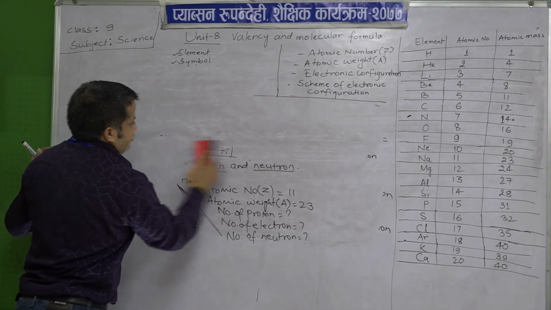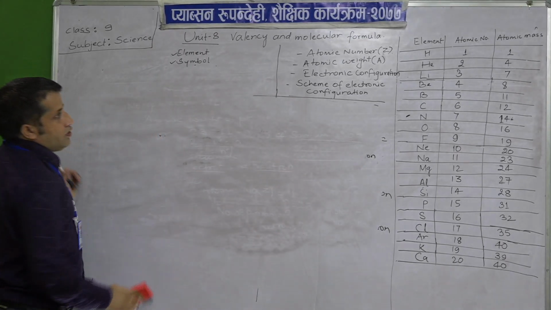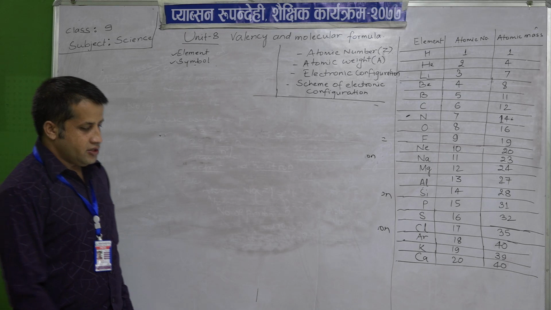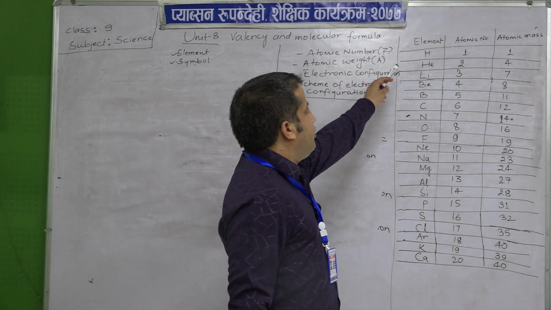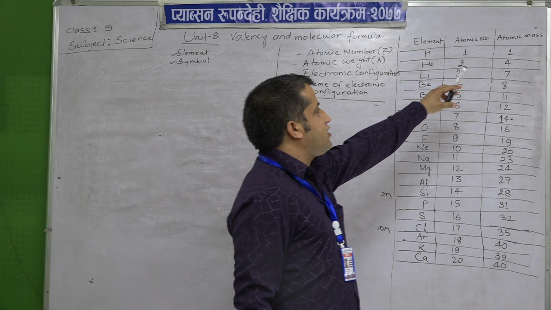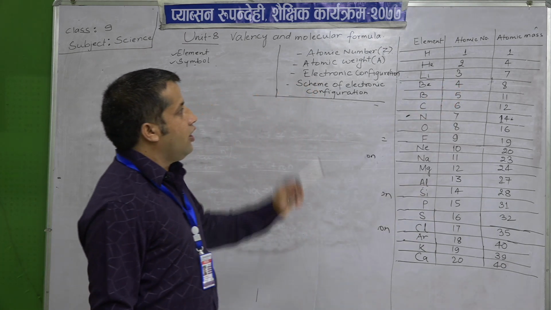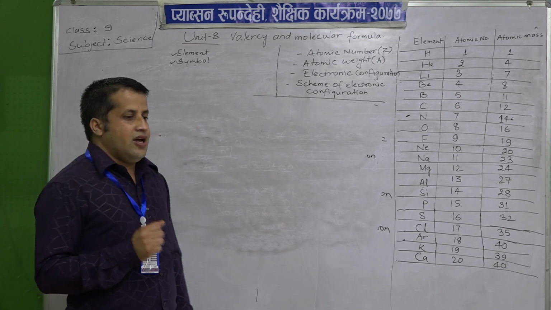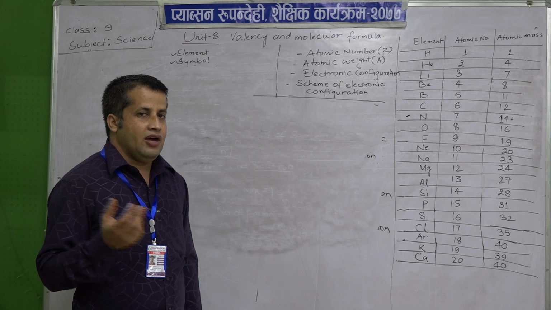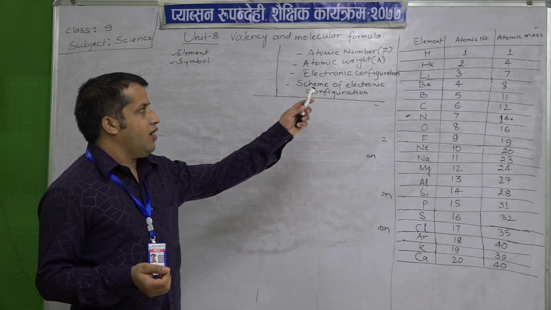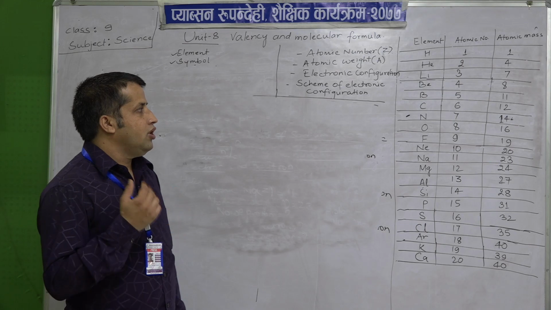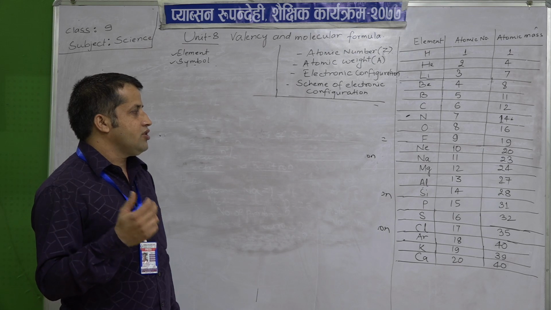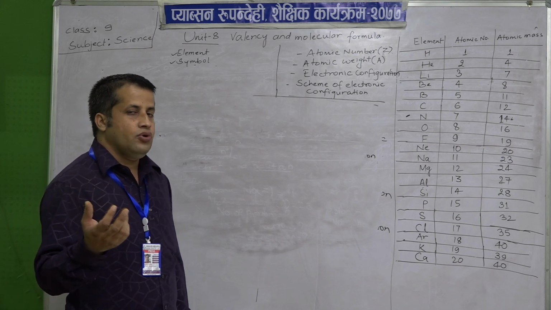Now we will see some elements according to their atomic number and atomic mass. Look here. Hydrogen atomic number is 1, atomic mass is 1, helium 2, atomic mass is 4. Now here, if you know the atomic numbers which you may have studied in lower classes, like hydrogen having atomic number 1, helium 2, lithium 3, beryllium 4, boron 5, carbon 6, nitrogen 7, like that you have already studied up to element 20.